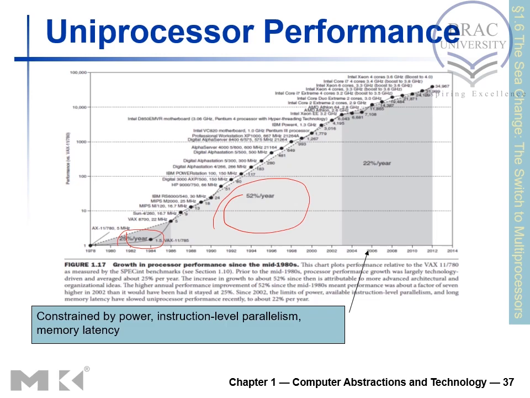Again, around this part, performance only increased 22%, because this is a single-processor system, and the number of transistors you could accommodate in a single area was almost at the limit. That's why performance was still increasing, but not like the 52%. It increased, but less than it used to. So this was the uniprocessor performance graph.